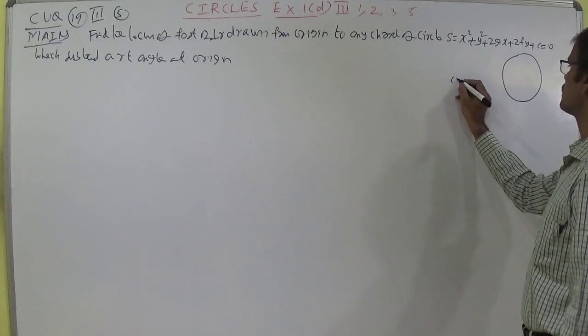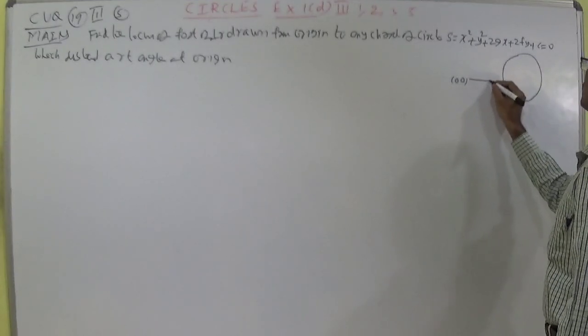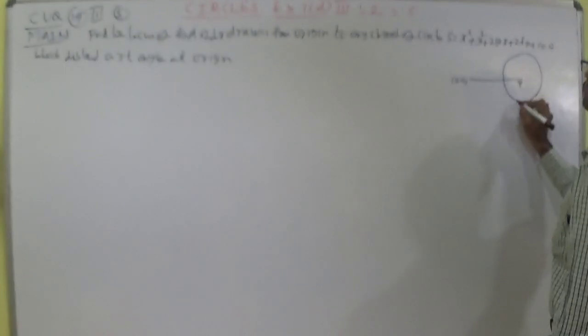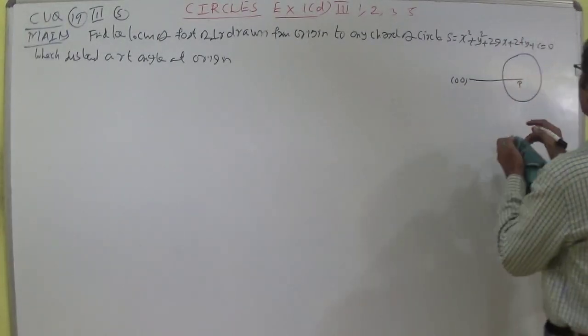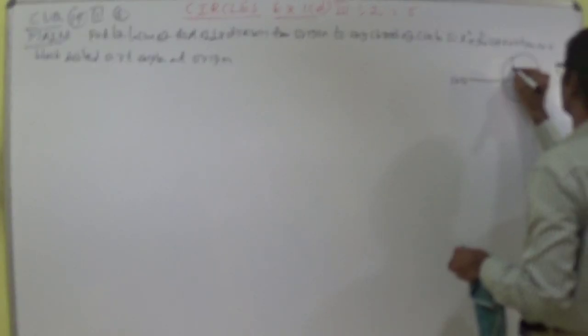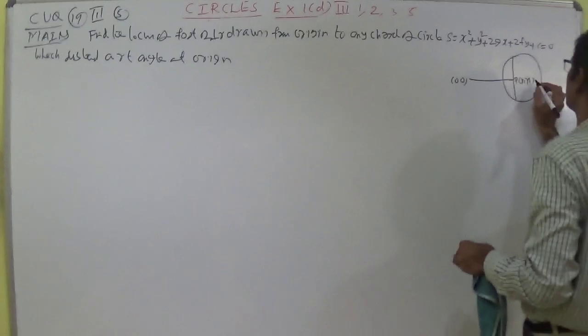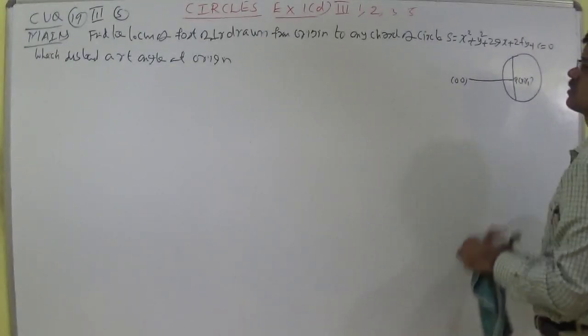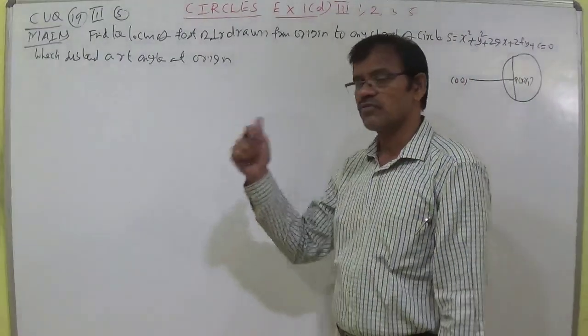If you take here 0, 0, from there you write here this foot of perpendicular of origin to any chord. This is a chord. P(x1, y1) is the foot of perpendicular of the chord from origin.